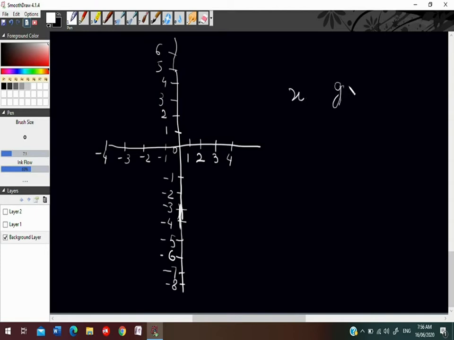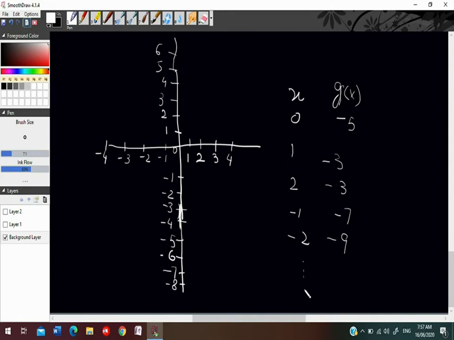For 0 we have minus 5, for 1 we have minus 3, for 2 we have minus 3, and then for negative values, for minus 1 we have minus 7, for minus 2 we have minus 9, and so on.